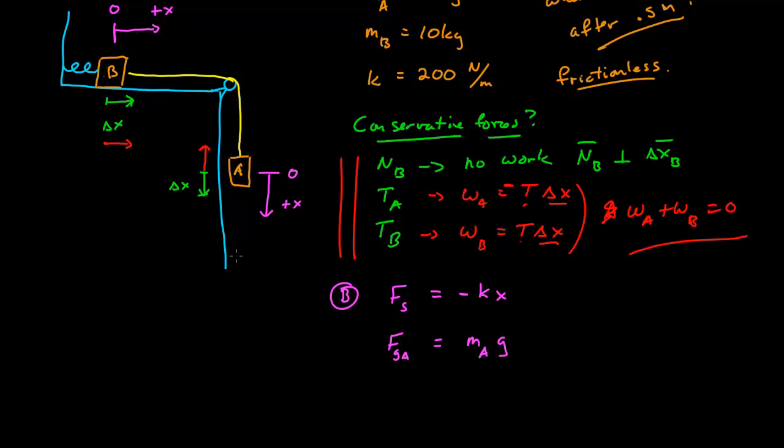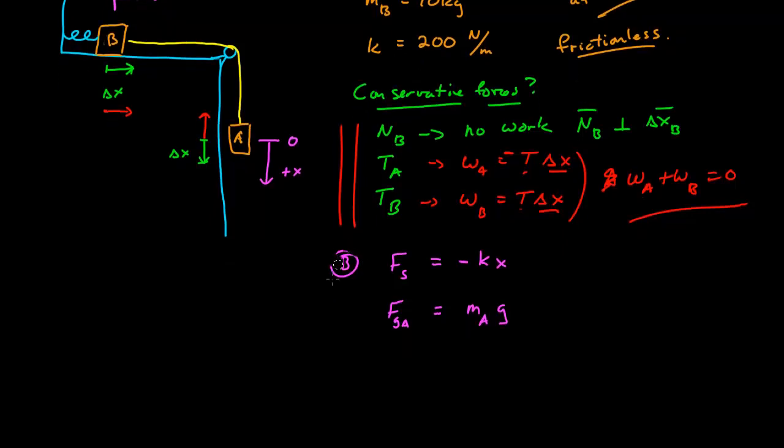Now let's look at the potential energies. To do that, we have to come up with the zeros of potential energies. I'm going to go to a different color for potential energies. The first thing we have to do is establish the zeros of potential energy. Okay, so now for potential energies.